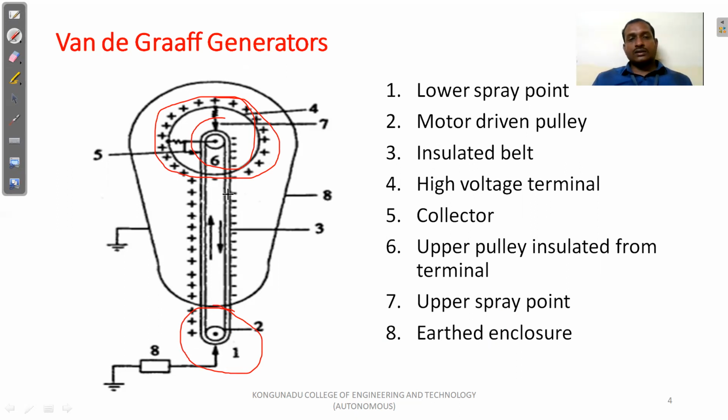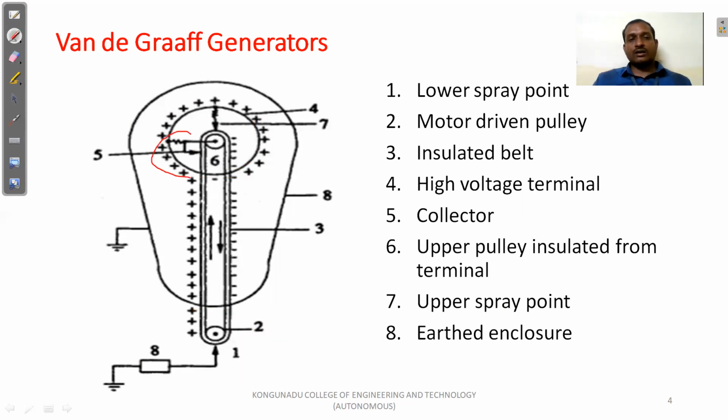The belt is driven by a belt-driven arrangement of an electric motor, moving at a speed of 1000 to 2000 meters per minute. The belt carries the positive charges from the lower spray point to the higher spray point.